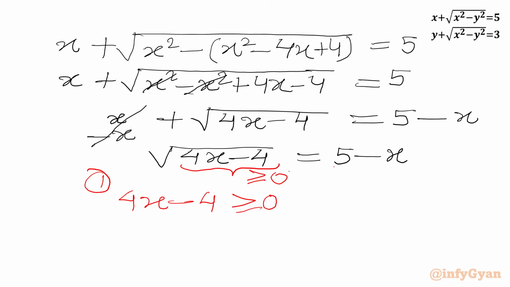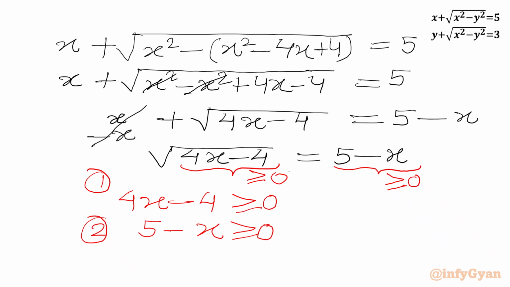Condition number 2, square root must be non-negative. So 5 minus x equal to square root, so this value must be greater than or equal to 0. So we'll write our second condition, 5 minus x should be greater than or equal to 0.